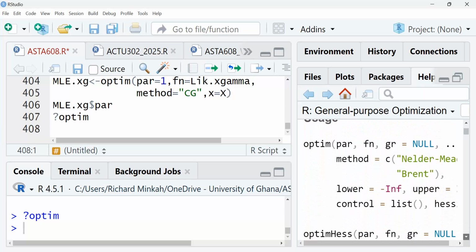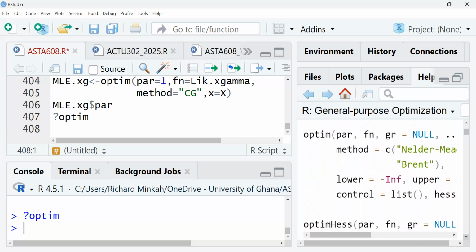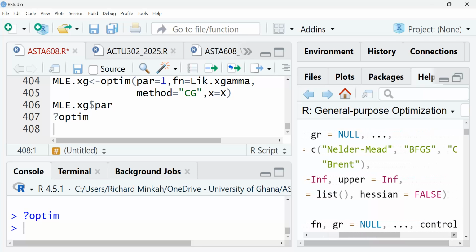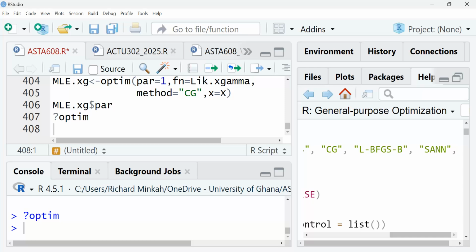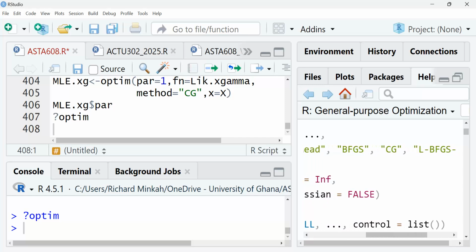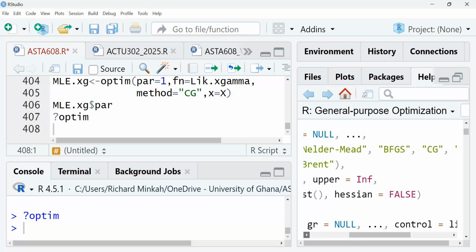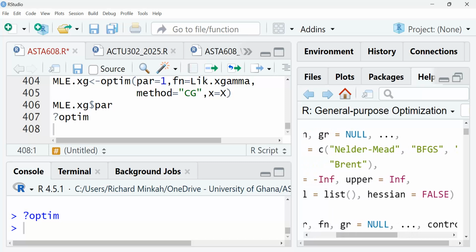Optim. Brent did not work. BFGS, CG. Okay, let me go for Brent again and see.